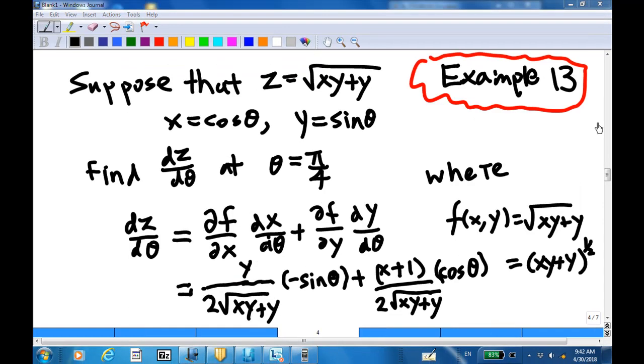Substituting this information into the expression for dz/d theta, you get y over 2 times the square root of xy plus y, times minus sine theta, plus (x plus 1) over 2 times the square root of xy plus y, times cosine theta. And then we put theta equals pi over 4, with x equals cosine theta and y equals sine theta.